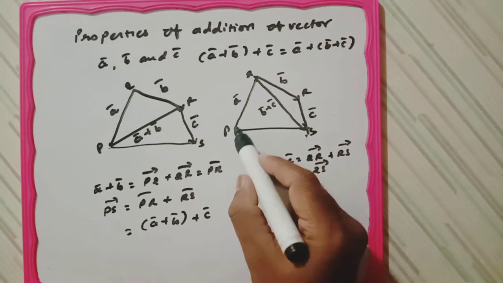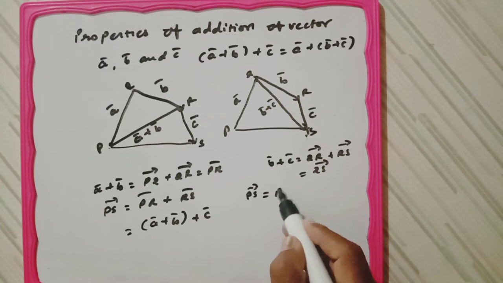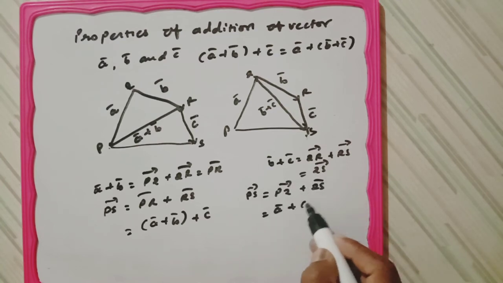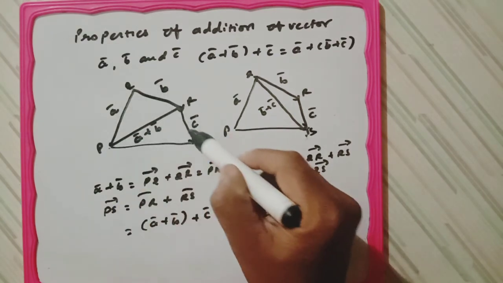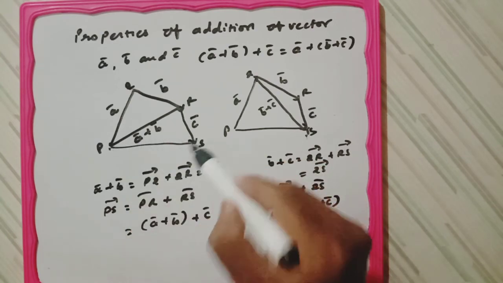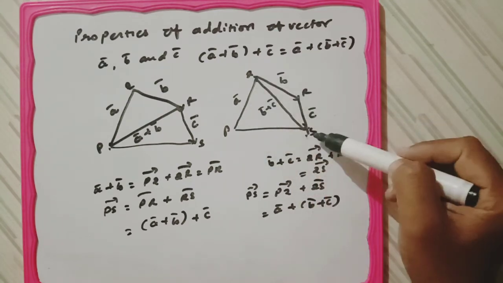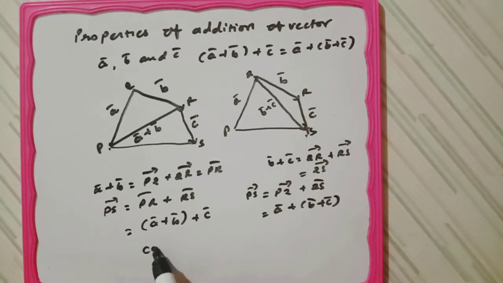In triangle PQS, PS equals PQ plus QS, which is A bar plus B bar plus C bar. So if we take triangle PQR and then triangle PRS, we get A bar plus B bar plus C bar, and the final vector is PS. In the same way, if we take PQR and QRS, we also get the final vector PS, and so we can say that vector addition is associative.